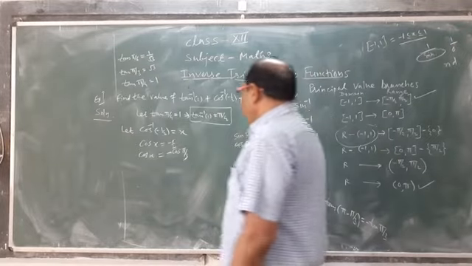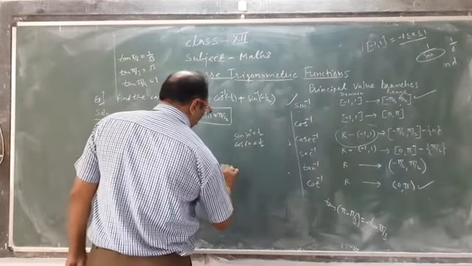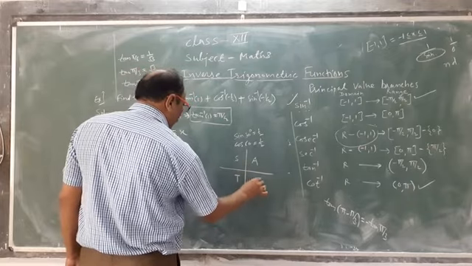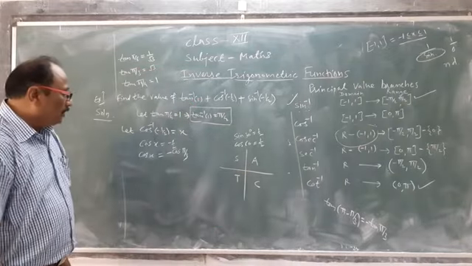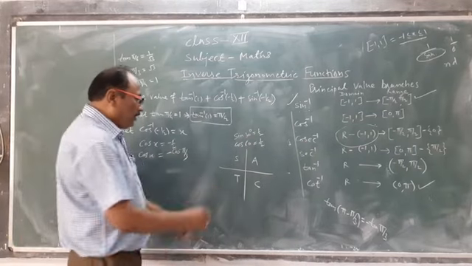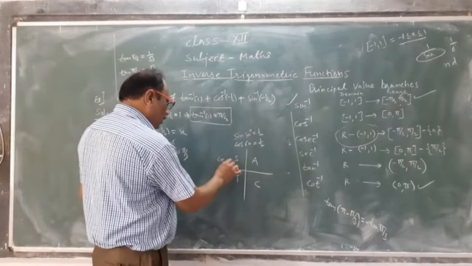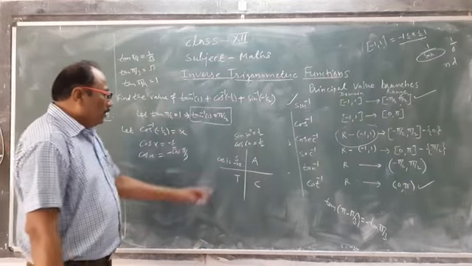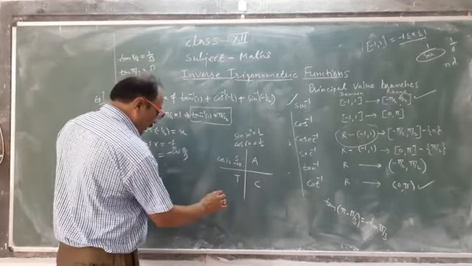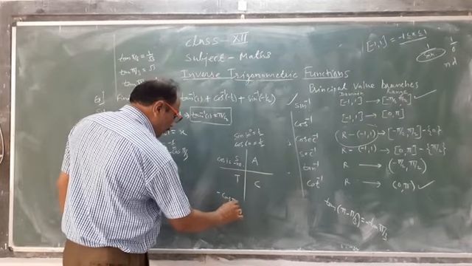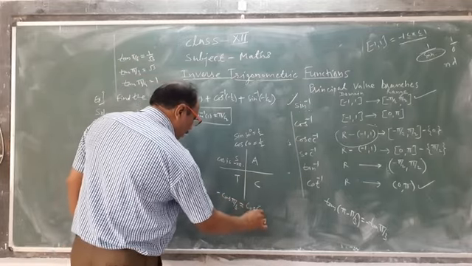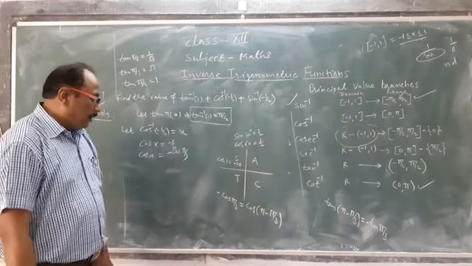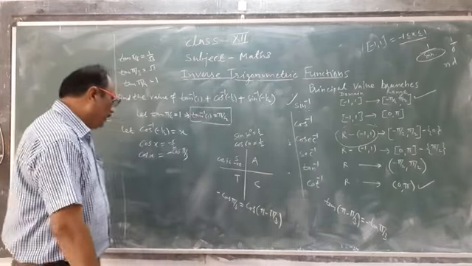Therefore, we take the 4 quadrants. In the first, all trigonometric ratios are positive. In the second, sine is positive, in the third, tan is positive, in the fourth, cosine is positive. Here cosine is negative, so minus cos pi by 3 can be written as cos of pi minus pi by 3. Cos of pi minus pi by 3 is minus cos pi by 3.